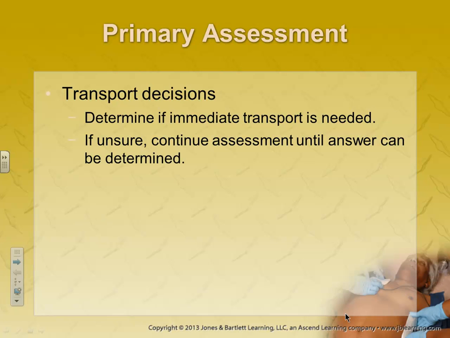No question about it. There's just some things that you don't have to sit there and make a decision about. If a person's having a cardiac event, even minor in nature, we need to immediately transport. Because what do we know about ACS and cardiac events? What do we know about them as far as progression?